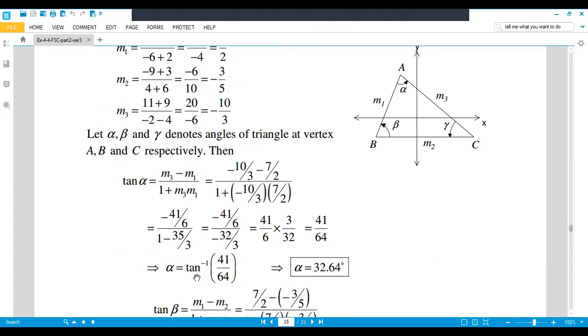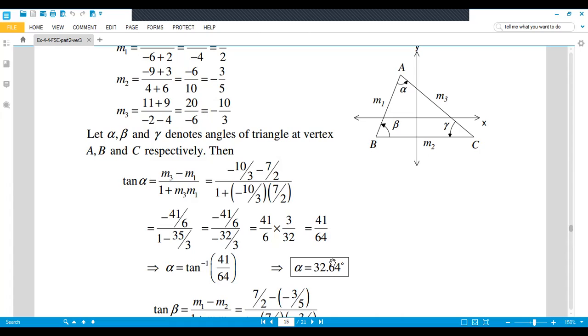Now we want to find alpha. This is the value of tangent alpha. So tan shifted to the right-hand side, that will be tan inverse 41 over 64. So from your calculator, shift tan then 41 over 64, so you will get 32.64 degrees. So this is the value of alpha, the first angle you find.